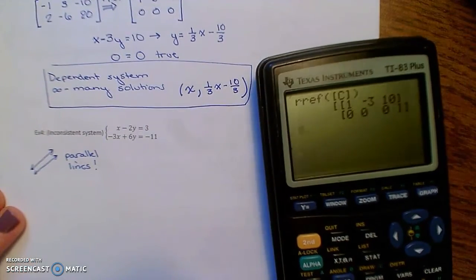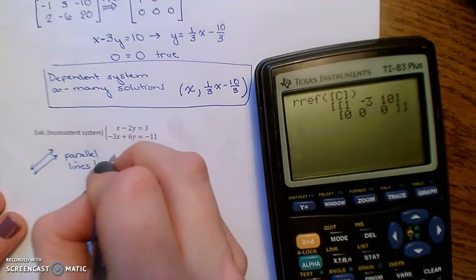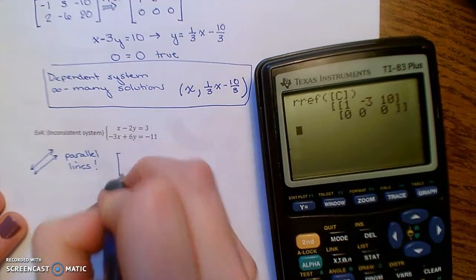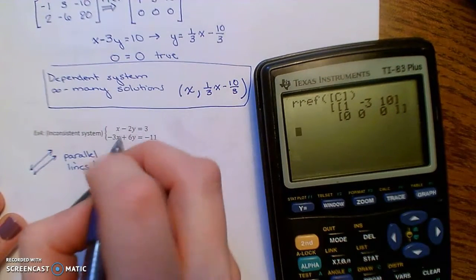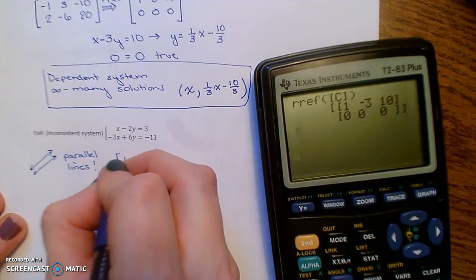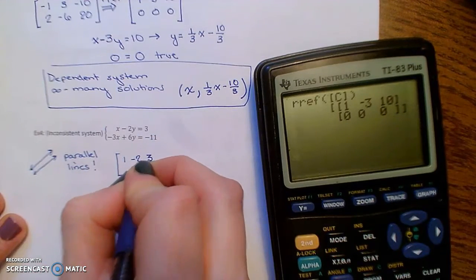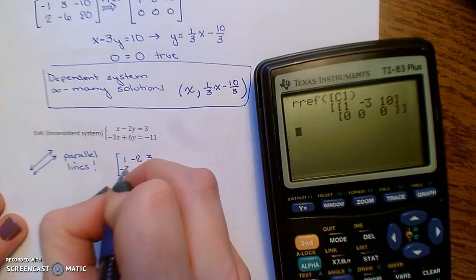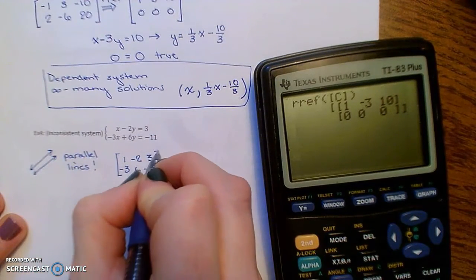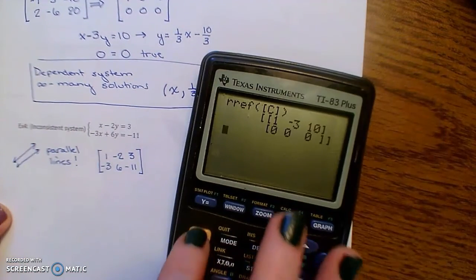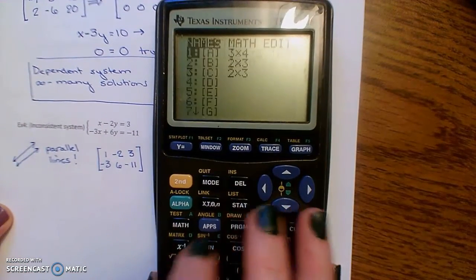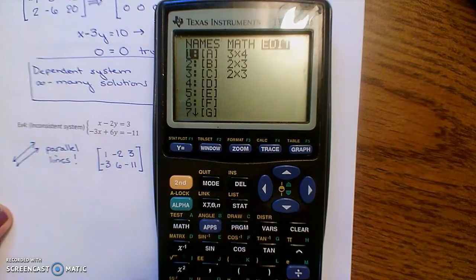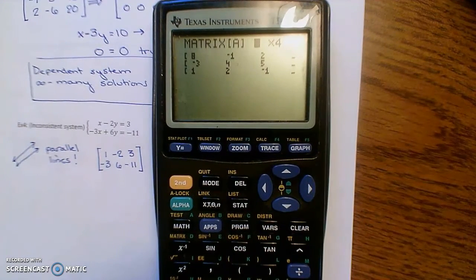But suppose you didn't notice that by looking at the equation and you wanted to use the matrix capabilities of your calculator. So let's make the coefficient matrix 1, -2, 3, -3, 6, -11. Let's put that into our calculator. I'm going to go ahead and edit matrix A again.